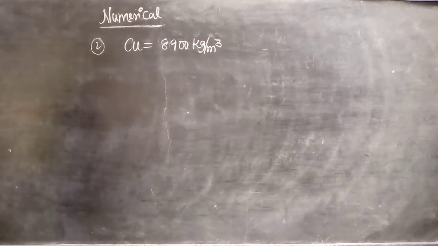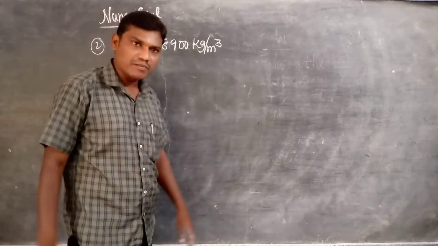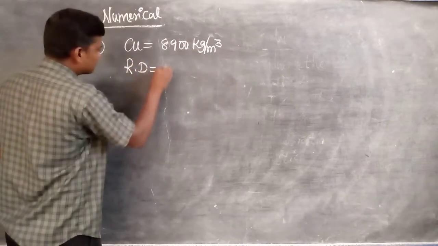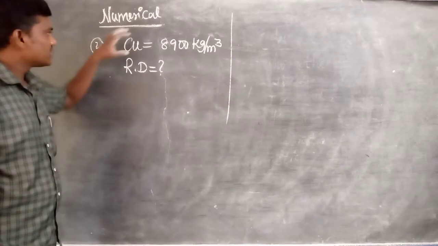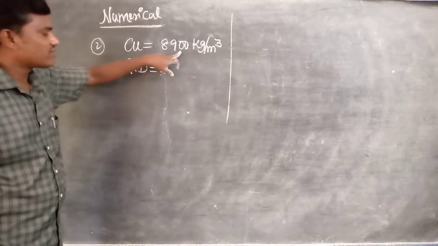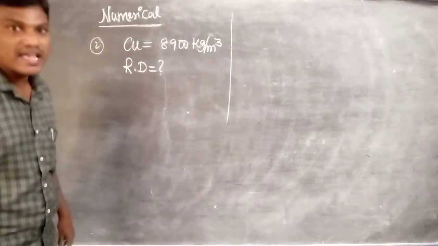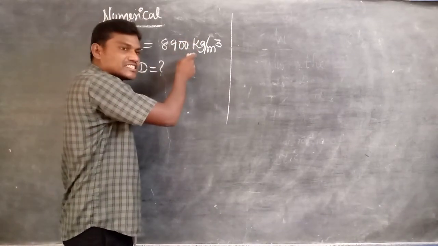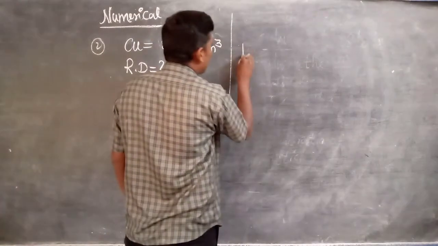Find its relative density. In our first numerical the density of aluminium was given in CGS. Here it is in SI units. Based on whichever system the density value is given in, substitute the density of water accordingly.